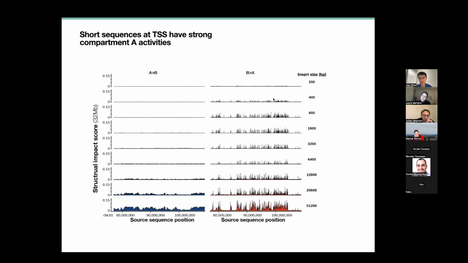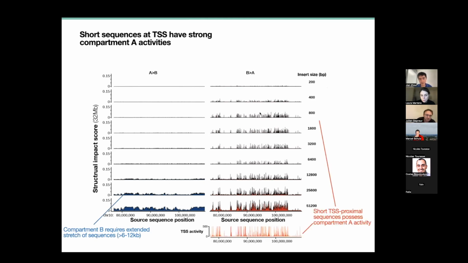We find that the compartment A activity requires a very short amount of sequence: around 800 base pair is almost sufficient, and even 400 base pair has some partial activity. In contrast, the B compartment activity requires a pretty long sequence, at least 10 kilobase pair.